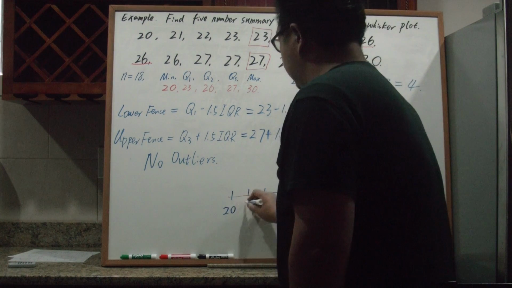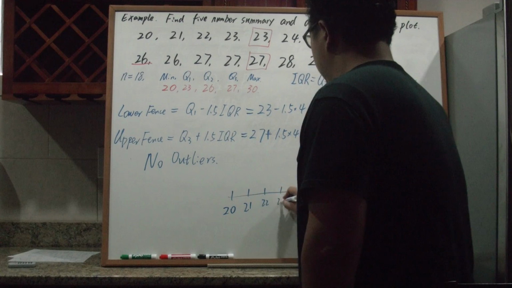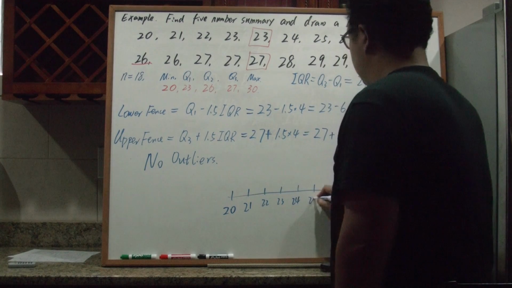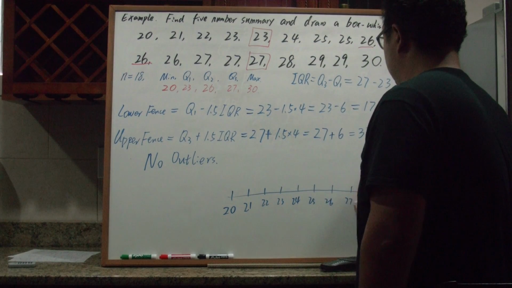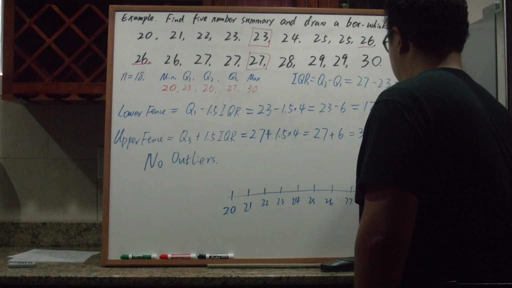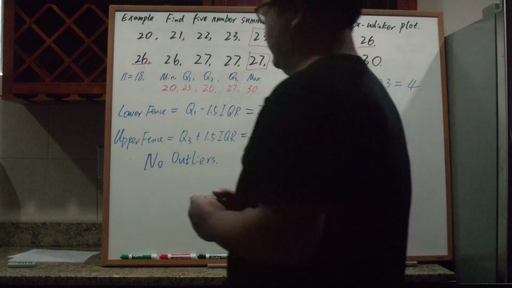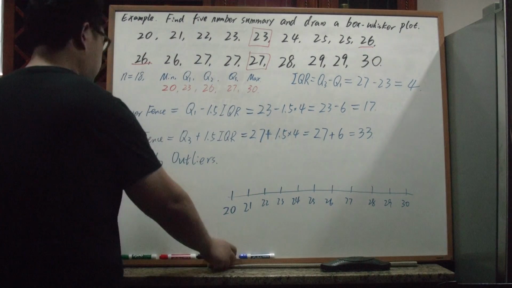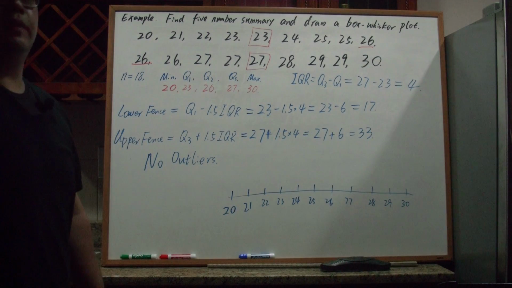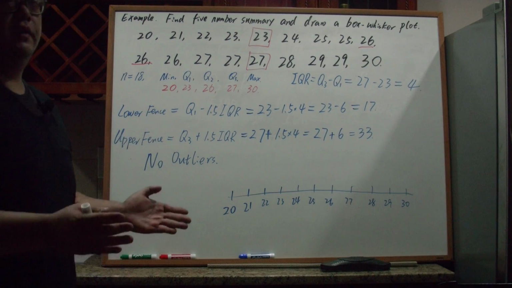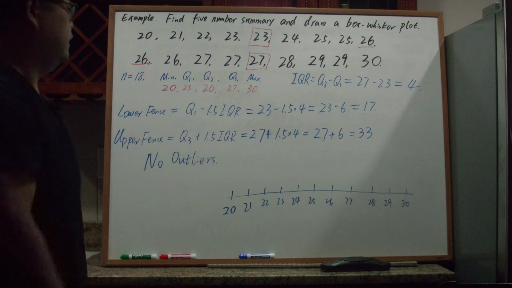We get 20 up to 30. It's called a box whisker plot because it will have a box, then it will have whiskers.